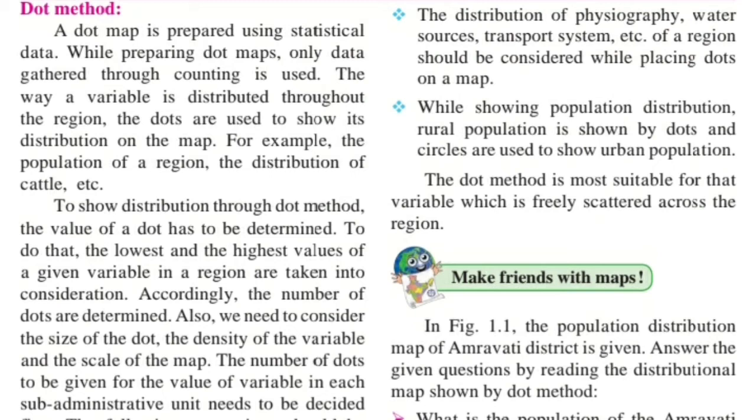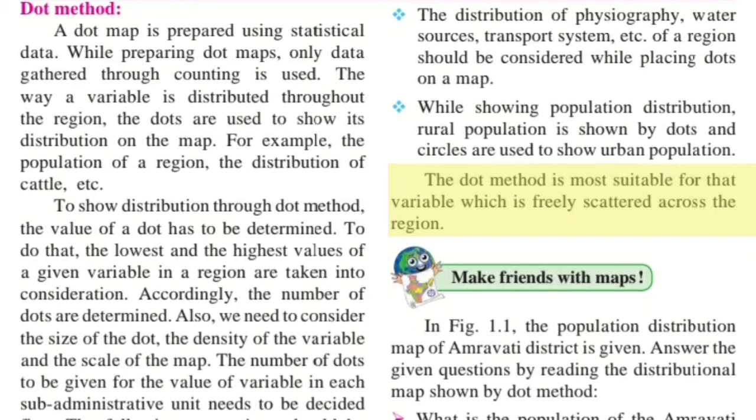Yes. And the third precaution is that to show the population of a rural area, we show a dot, and to show the population of an urban area, we show a circle. This is a type of categorization they have made, so that we know that this is a rural population and this is an urban population.